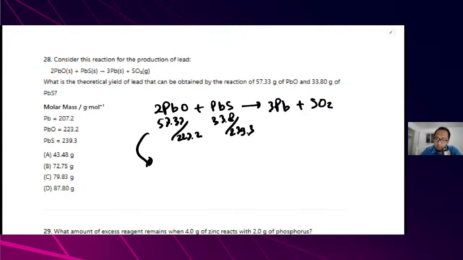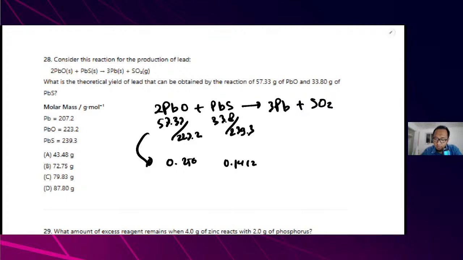57.33 over 223.2, it will be 0.256, and then again just using the same thing, 33.8 over 239.3, so it will be 0.1412.